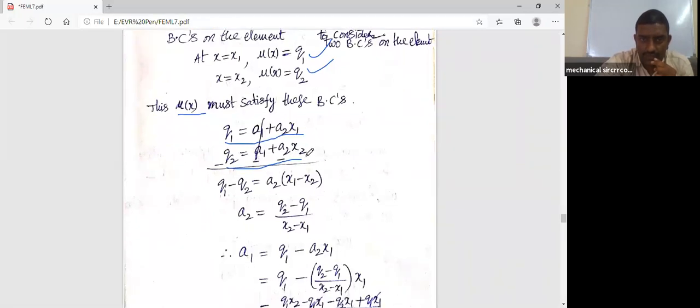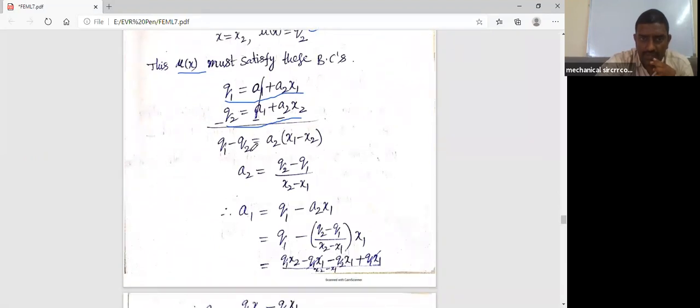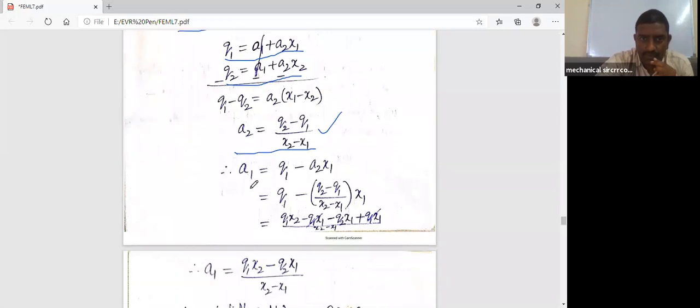Solve these two equations. Therefore, q1 minus q2 is equal to a2 into x1 minus x2. So a2 is equal to q2 minus q1 by x2 minus x1. From equation 1, a1 is equal to q1 minus a2 x1.